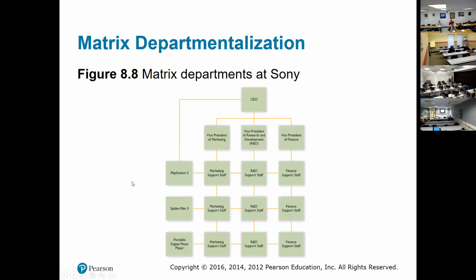Marketing support staff and R&D support staff go to each one of these VPs and so on. But on the side, they're broken down by their products. So it's not only functional, it's also by product.